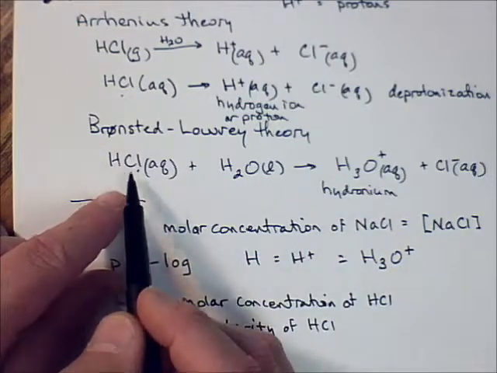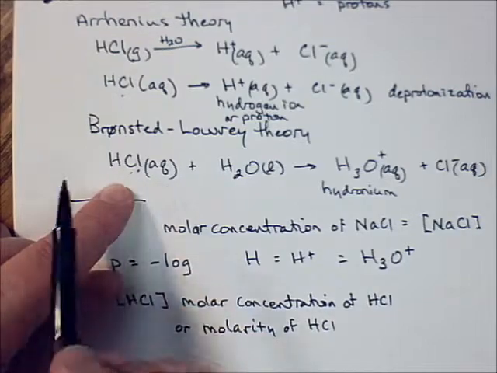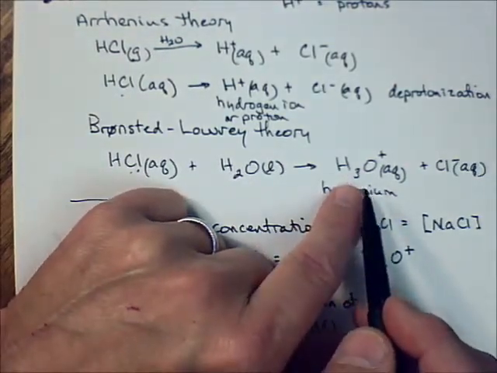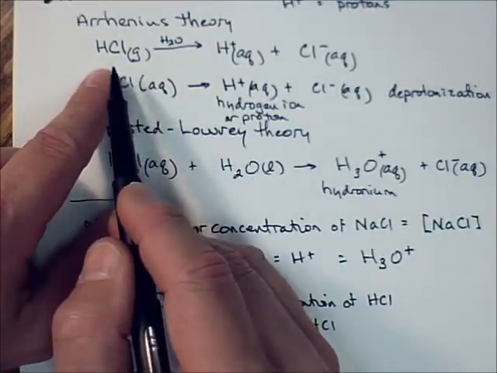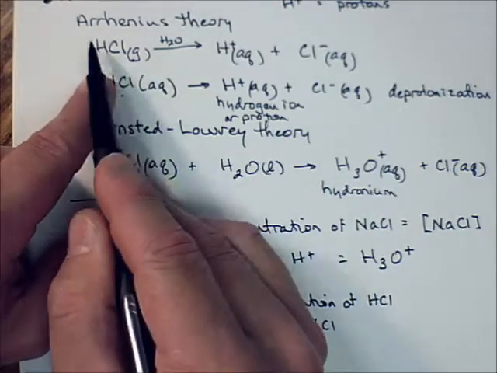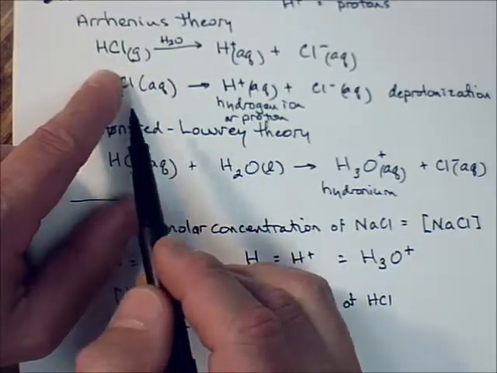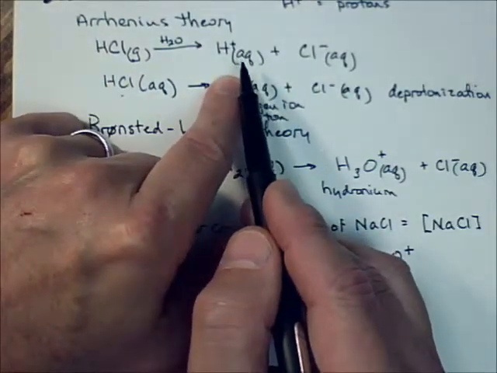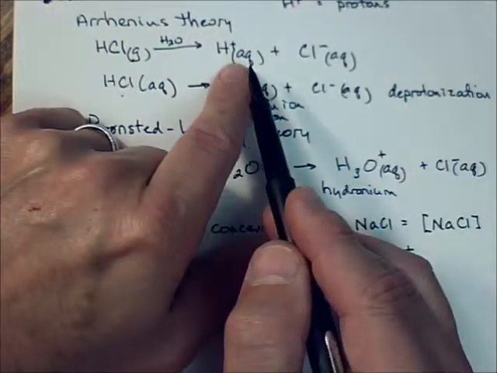So a molar concentration of hydrochloric acid will result in 1 molar concentration of hydronium. Or, if we're using the Arrhenius theory, 1 mole, 6.02 times 10 to the 23rd of these particles dissolved in water will give us 1 mole of this in that same amount of water, because the whole thing's taking place in a liter of water.